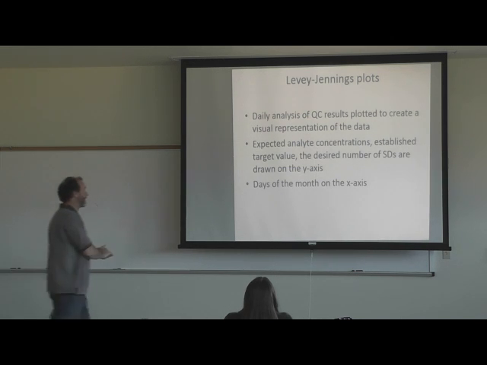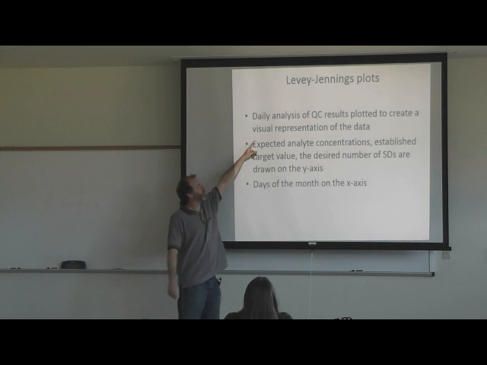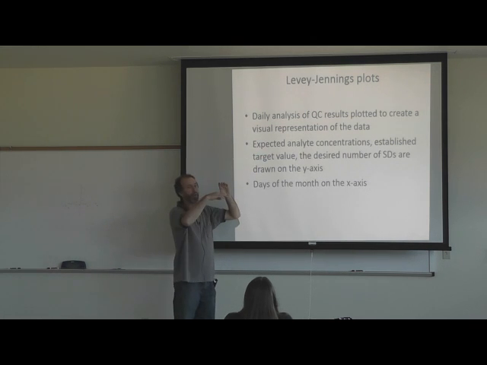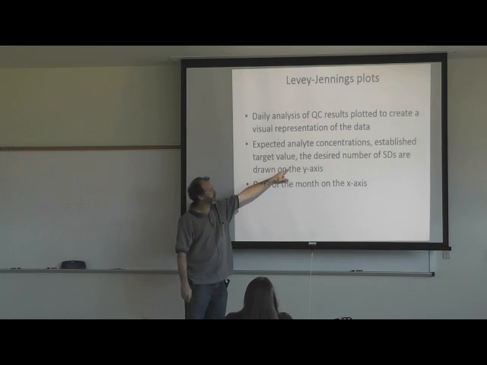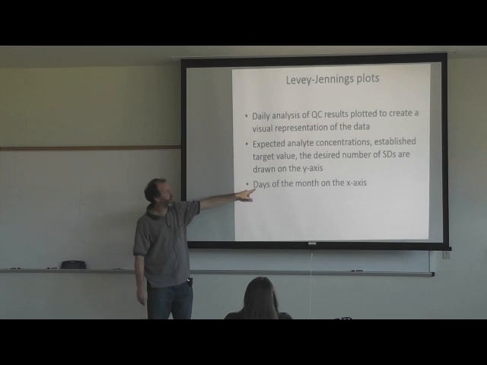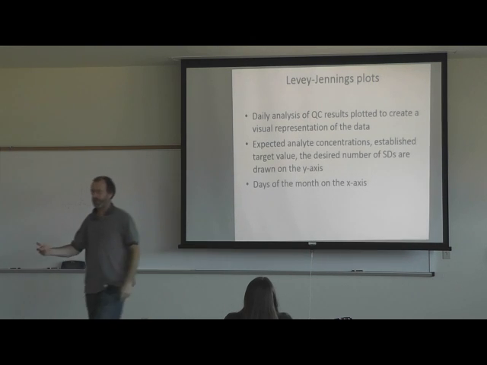Basically, the daily QC results are plotted to create a graph. You have the mean in the center, and above and below you have standard deviations away from the mean. On the horizontal axis is the run, or the day. So expected analyte concentrations, established target values, and the desired number of SDs are drawn on the y-axis, and the days of the month on the x-axis.